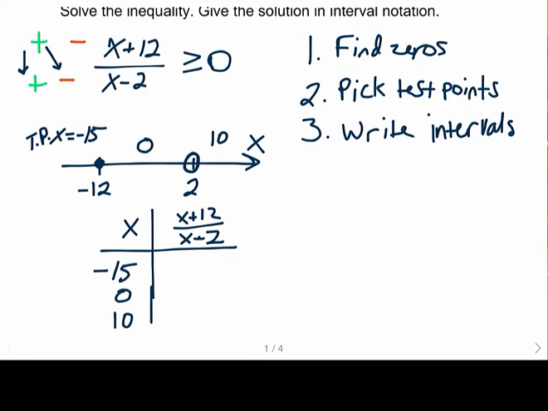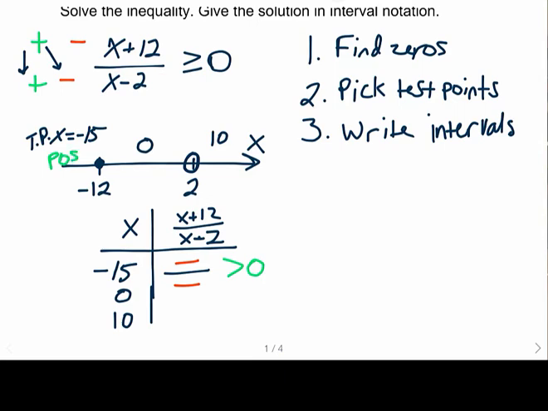So when x is negative 15, the numerator, x plus 12, is negative. The denominator, x minus 2, is negative. Negative divided by negative is positive. And so to the left of negative 12, this expression has a positive output.